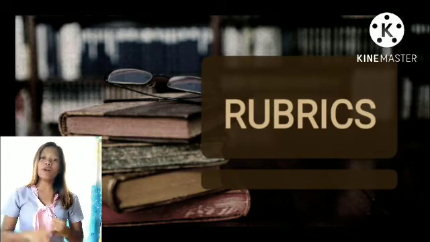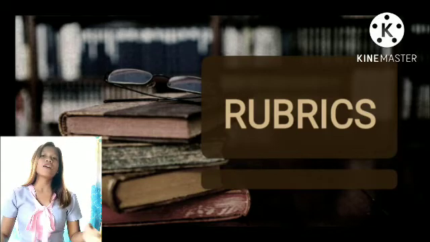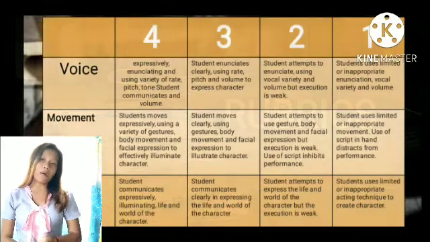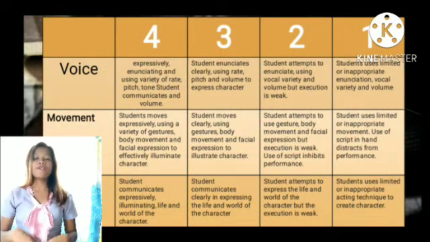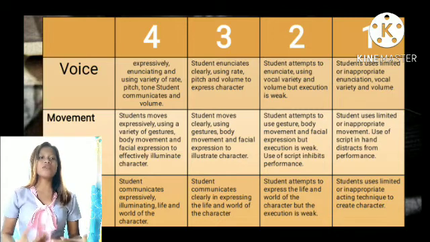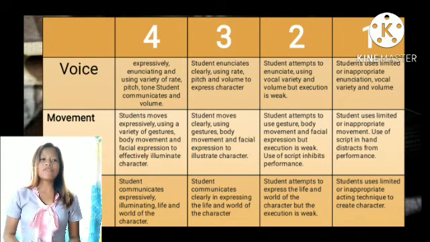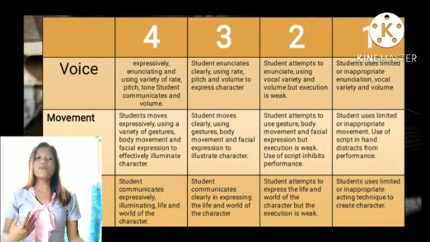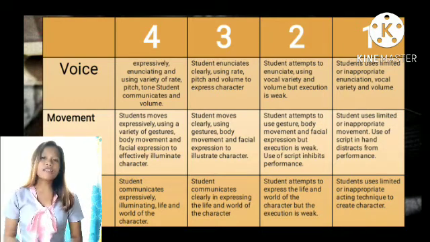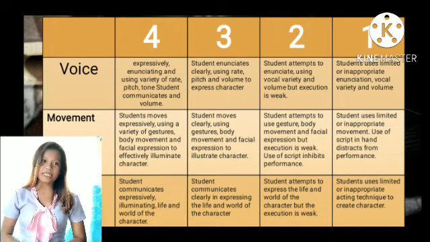I'll give you 4 points, 3 points, 2 points, and 1 point. The first element is voice. If you are expressively enunciating and using a variety of rate, pitch, tone, and volume in your voice, I will give you 4 points.